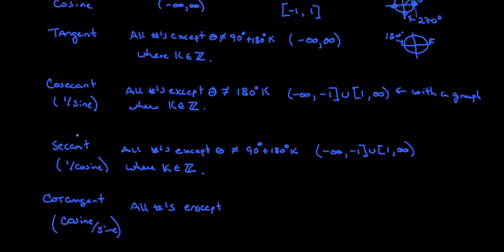So cotangent and cosecant are going to have the same domain. Cotangent can get any number out, so that's not going to be a problem. And there's all of your domains and ranges for your 6 trig functions.